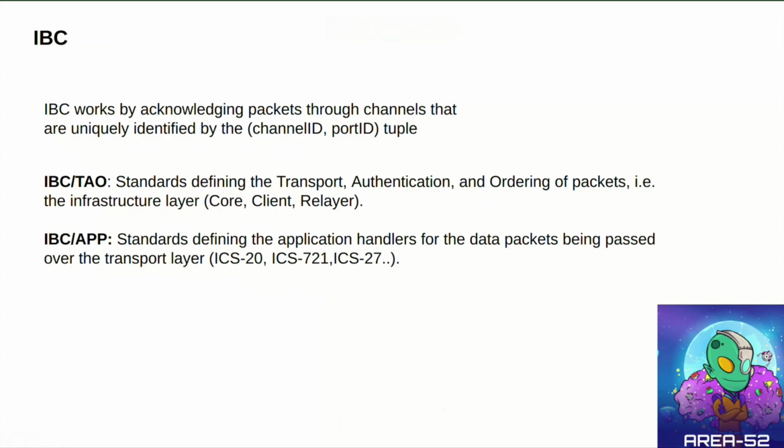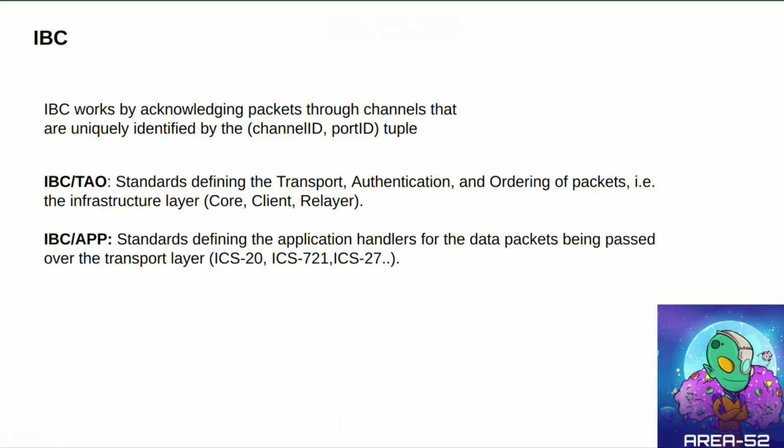In general, you can think of different standards being worked on currently. There are the basic infrastructure standards that deal with the whole IBC transport, authentication, and ordering of packets. These are the standards for setting up a relayer, having an IBC client, and how the overall IBC works.